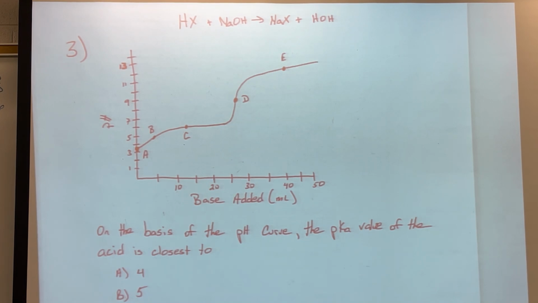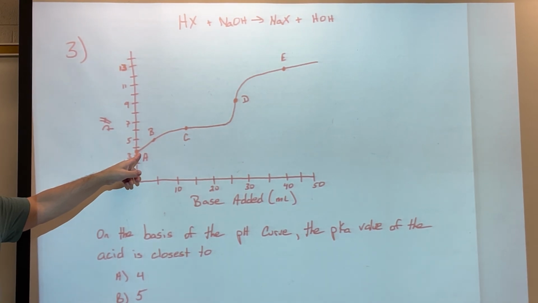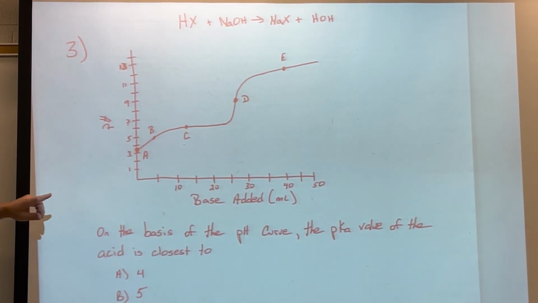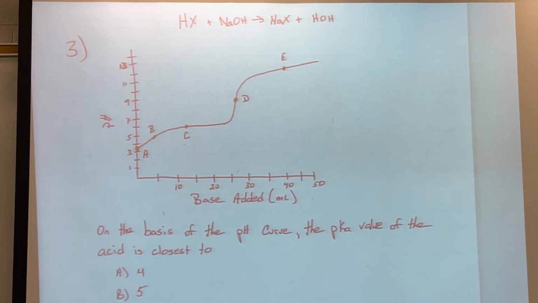So which one is greater, HX or X minus? Somebody over here, I heard someone over here, what did they say? HX, right? Because you're starting with HX, H plus, X minus. So initially, at point A, we're way down here, it's a weak acid, so the fact that it's a weak acid means that the majority is here, very little is here.